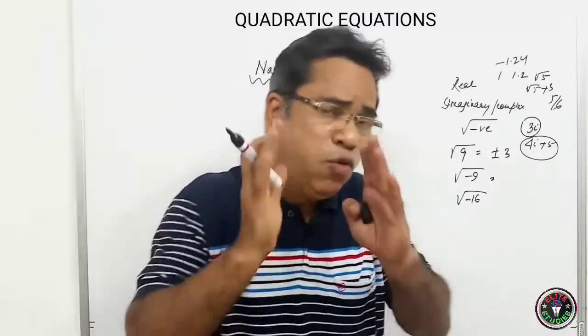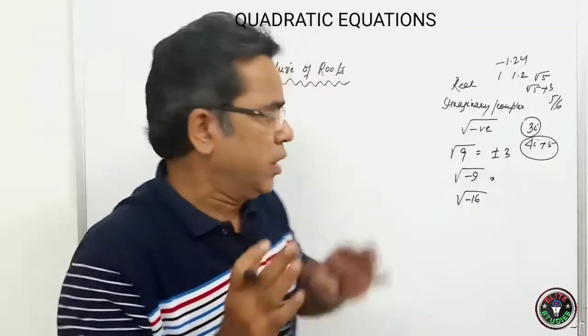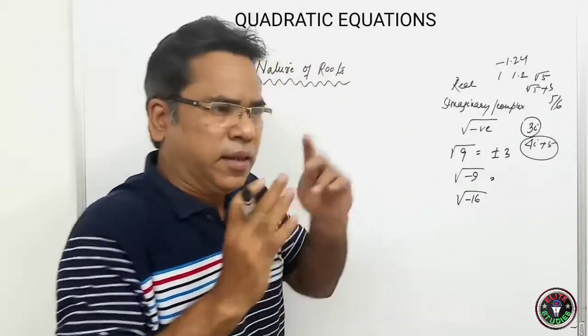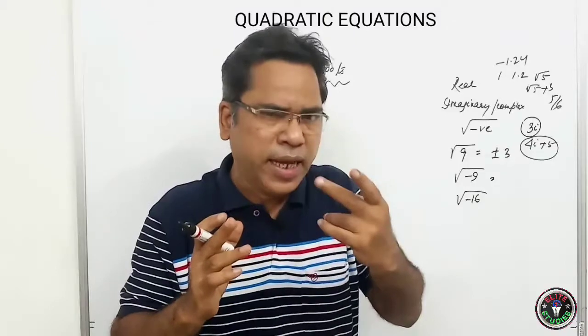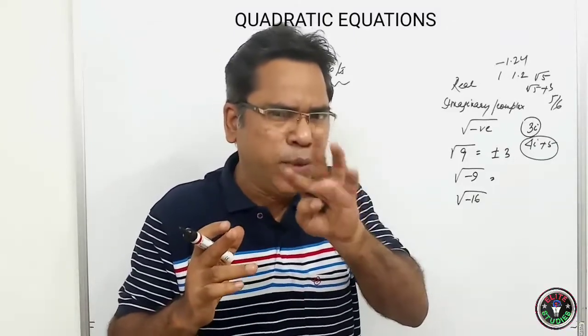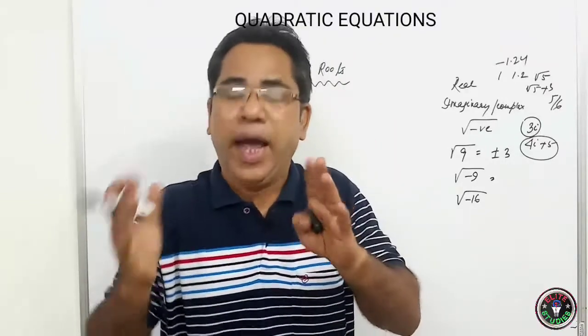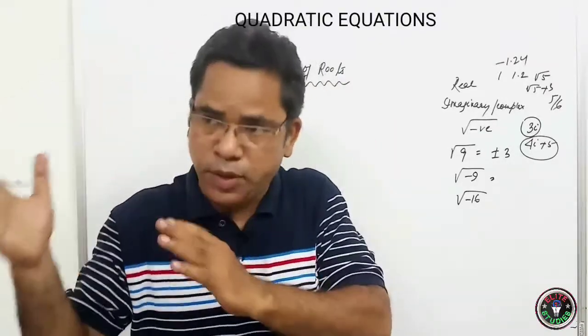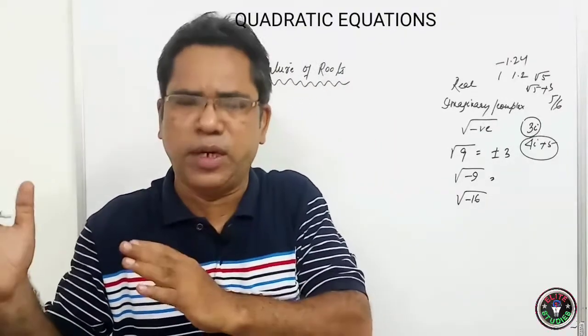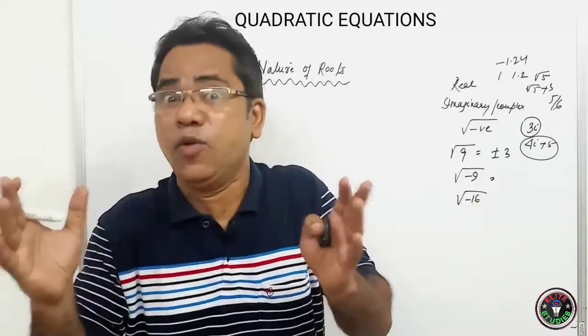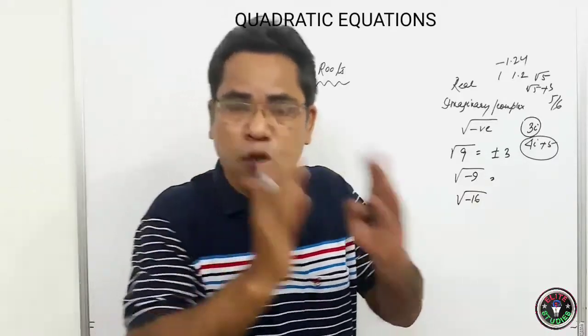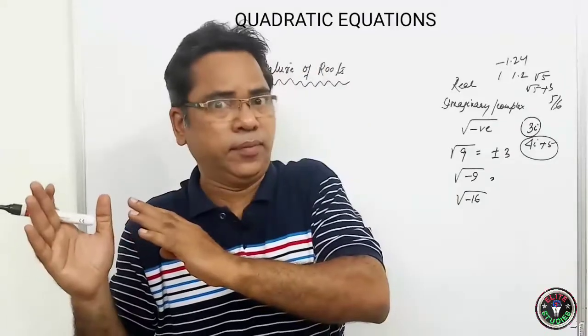Now, if the roots are real, a question arises: will the roots be equal? Because there are several quadratic equations whose roots are equal, and on the other hand, there are some quadratic equations whose roots are unequal. Equal and unequal.